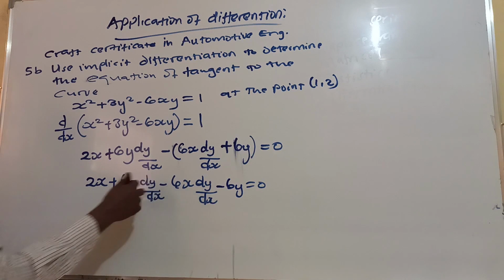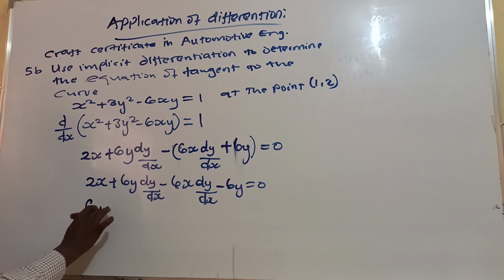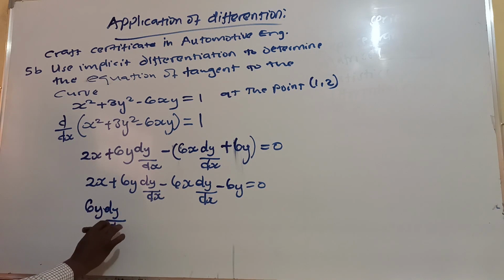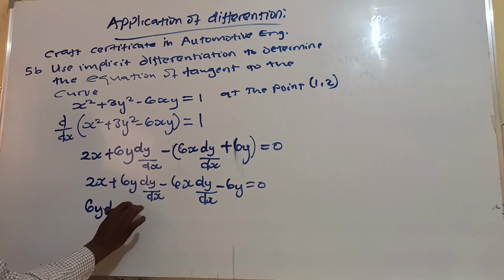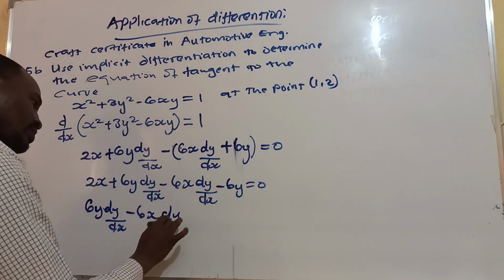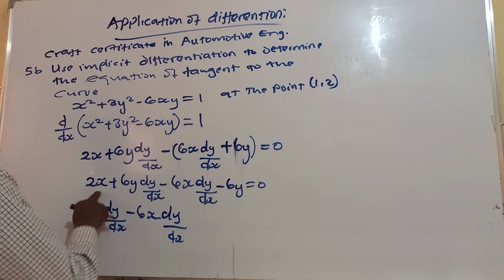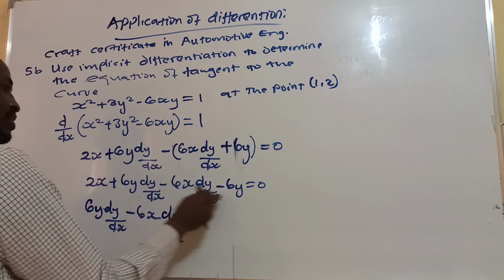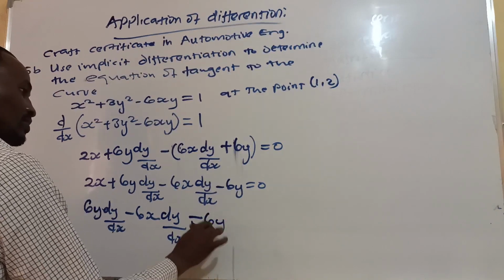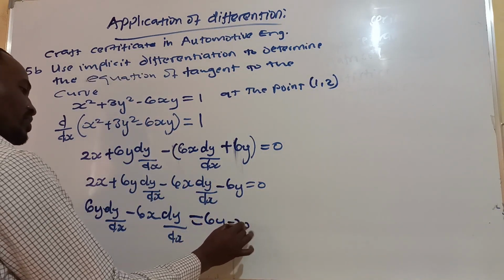Let us rearrange so that we start with the terms with dy/dx and then factor out dy/dx. So here you have 6y dy/dx minus 6x dy/dx. The other terms we take to the other side of the equation, so it is equal to 6y minus 2x.